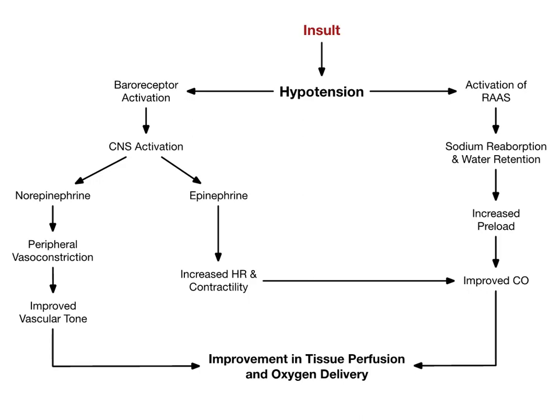These two chemicals act to increase heart rate and contractility, as well as improve vascular tone, respectively. The second pathway is activation of the renin-angiotensin-aldosterone system, or RAAS, which results in fluid retention that ultimately improves cardiac output. The overall goal of these pathways is to improve tissue perfusion and oxygen delivery.